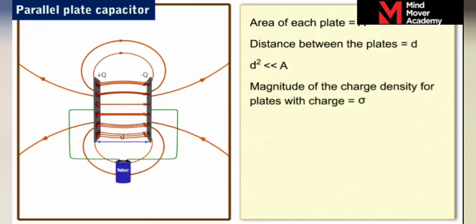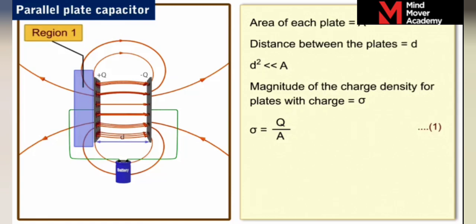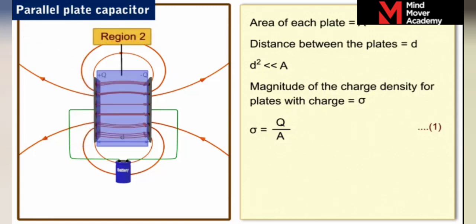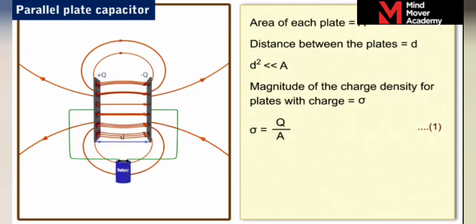Let the magnitude of the charge density be sigma for the plates with the charge Q on them. Then sigma is equal to Q by A. Let us label this as equation 1. Let us assume the region on the left side of the capacitor as region 1, region between the plates as region 2, and the region on the right side of the capacitor as region 3.